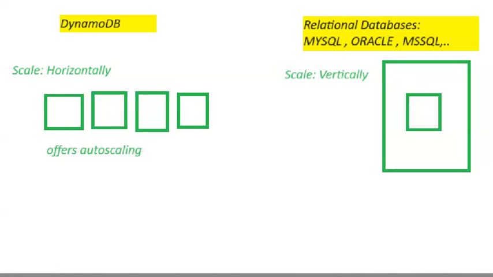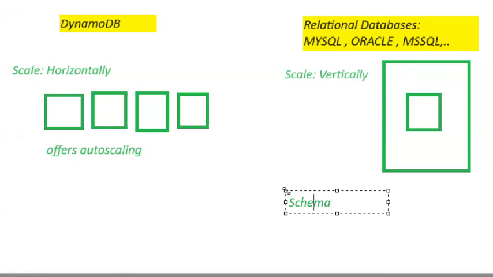Coming to RDS, what type of data can we hold in RDS? We can hold only relational data, that is schema data, a fixed schema data.